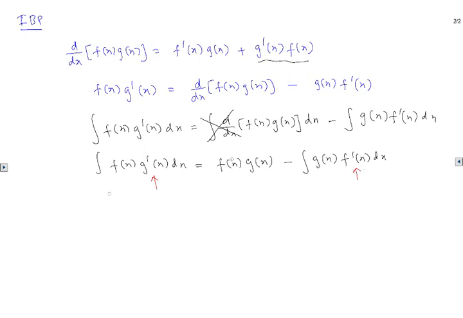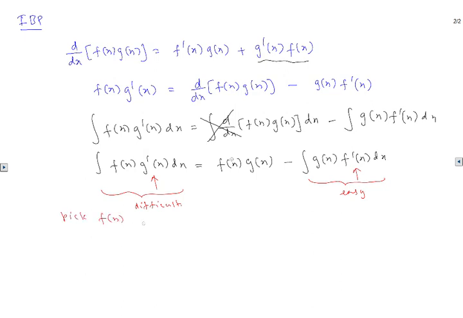maybe this integral is difficult to integrate. What we're trying to do is transform the difficult integral into an easy one. That's the goal. How do we do it? We pick f(x) wisely.